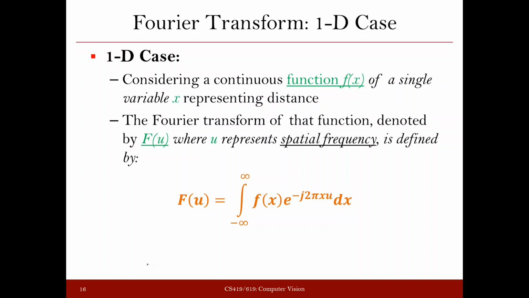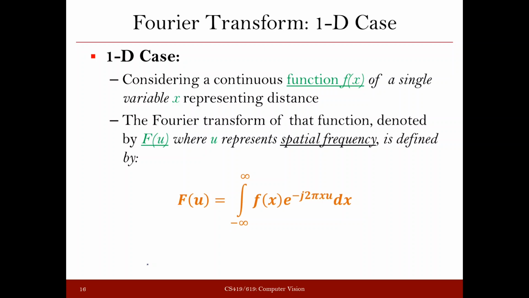So now let us see the formula. Till now we have just understood why we need the Fourier transform, or what the Fourier transform and Fourier series are. But now let us see the mathematical formula for it. So given an image, how do we convert it to the Fourier domain or Fourier space?